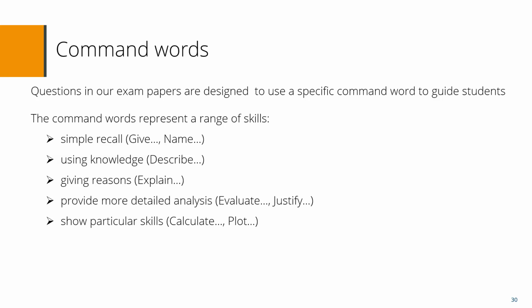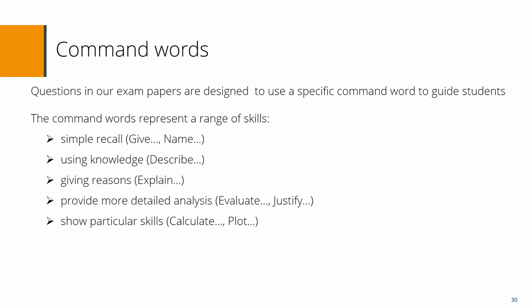Where do you find these command words? Well, in the specification that is provided on the Pearson website. If you go to Pearson Qualifications and then scroll down to International Advanced Level, and then click on Chemistry, you will be taken to the International A-level website.